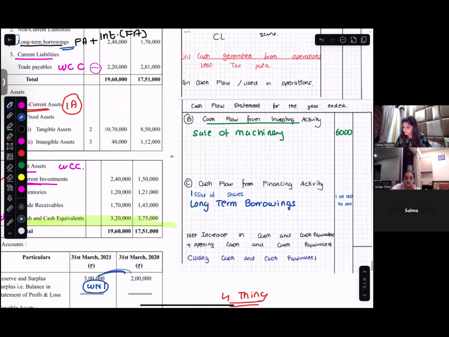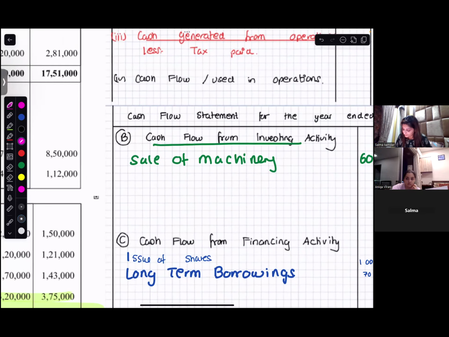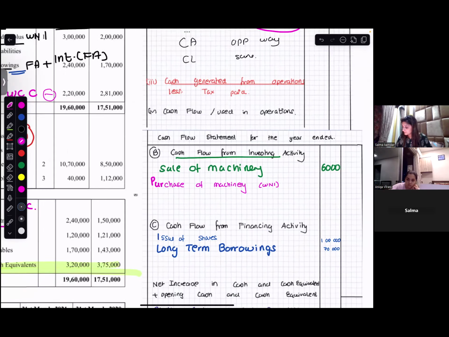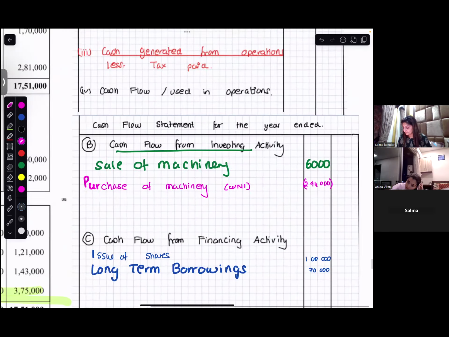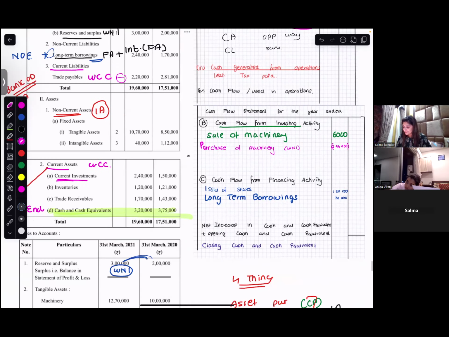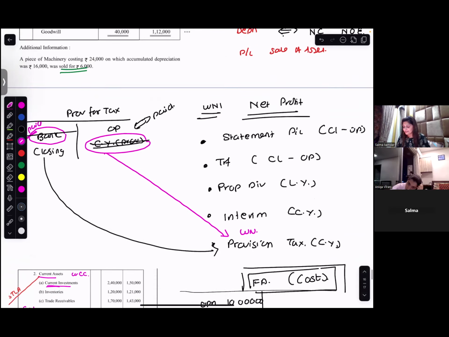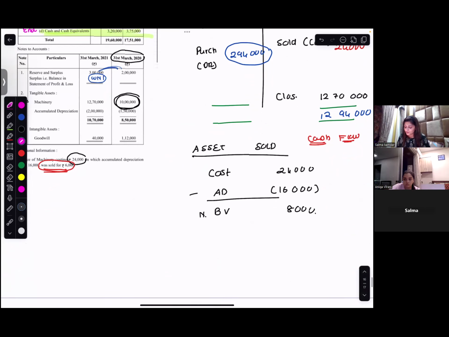Investing activities, purchase of machinery. Inflow or outflow? Outflow. Outflow means it is in brackets. Four things related to assets should always be recorded.